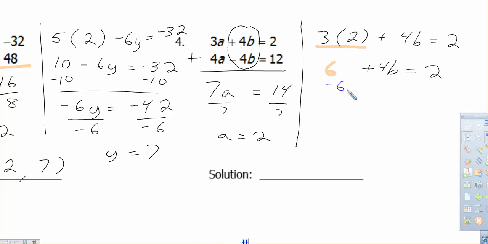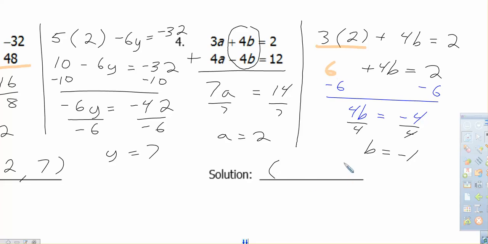Subtracting 6 from both sides, we have 4b equals negative 4. Dividing by 4, b equals negative 1. All right, now we do need to write this as an ordered pair. I'm going to go ahead and write 2 comma negative 1.